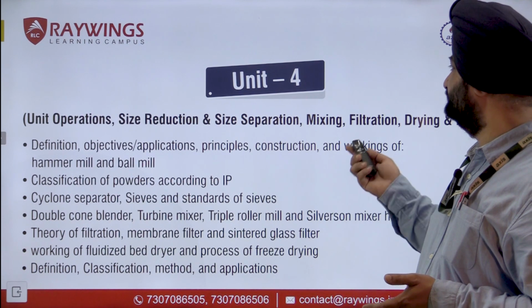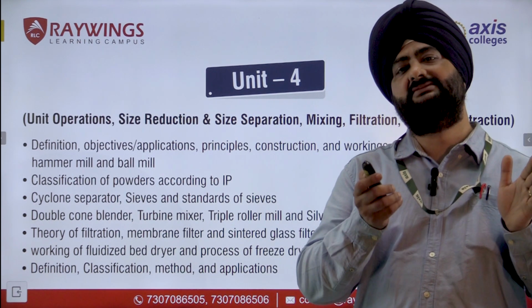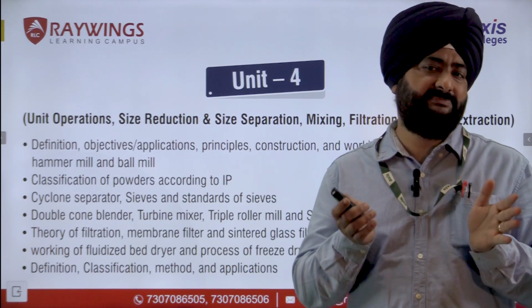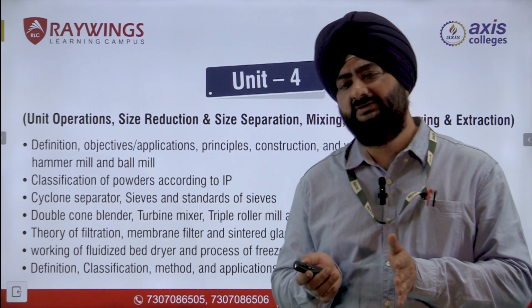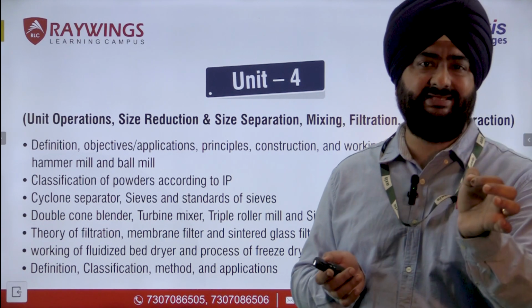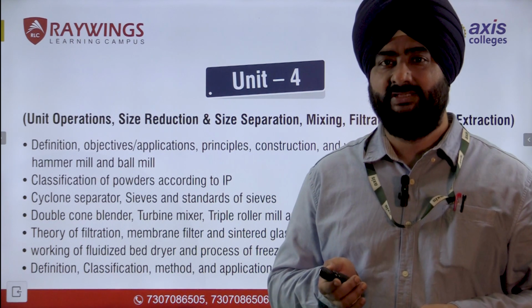Then comes size separation. Size separation means after reducing the size of bulk drug, we have to be very specific about the size. In any pharmaceutical dosage form, there are indications of what size of particles you are going to use to formulate that dosage form, right?